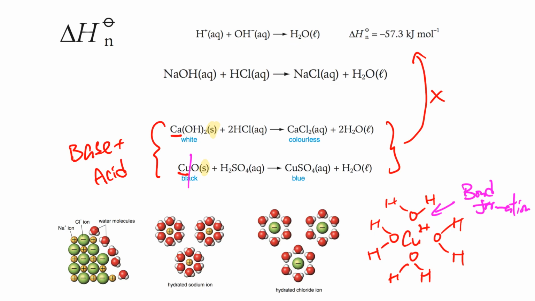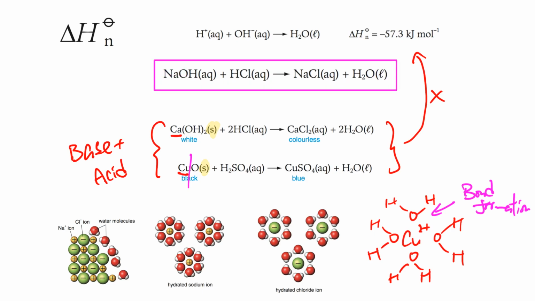So if you have similar reactions, like this very typical one, where you have alkaline plus acid. Remember the difference between alkaline and base: the alkaline is a soluble base. It can dissolve in water.